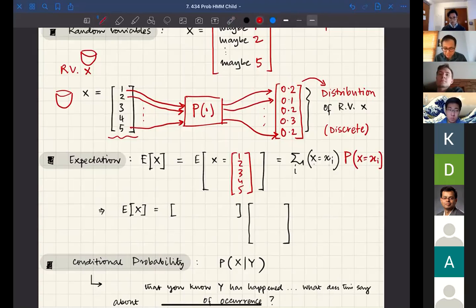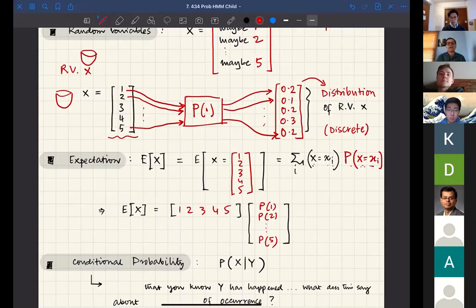When x equals 2, the probability that x equals 2. When x equals 3, the probability that x equals 3. That is the average value. So I can write this as the vector 1, 2, 3, 4, 5 times P of 1, P of 2, so on, P of 5. It's a dot product of those two vectors, added up, right?